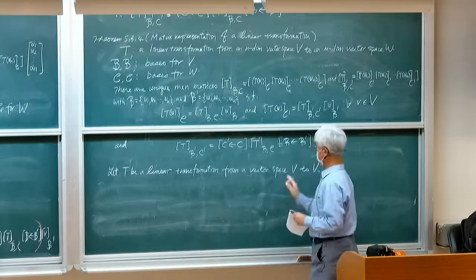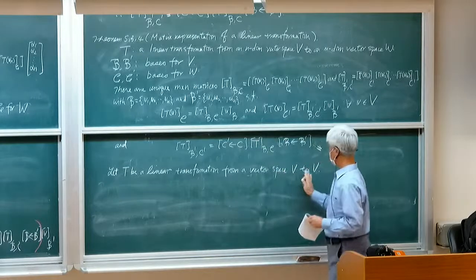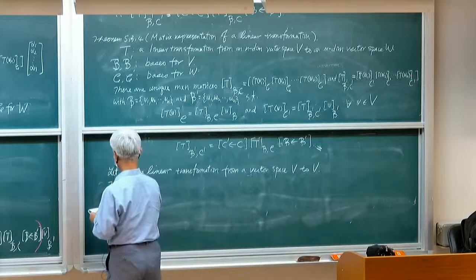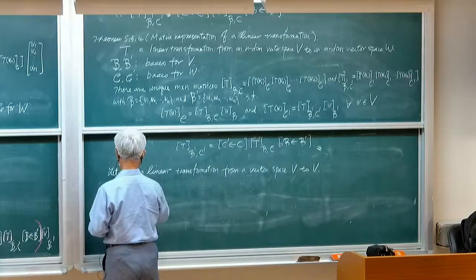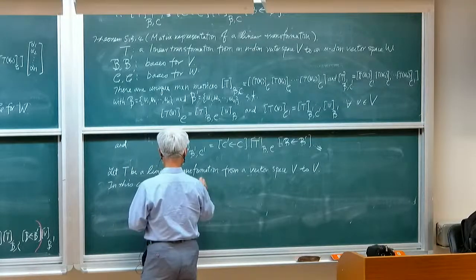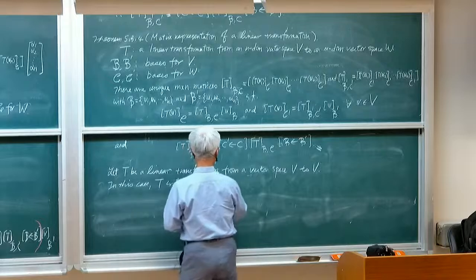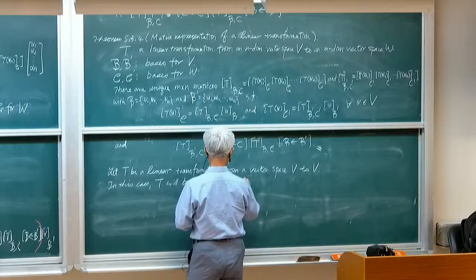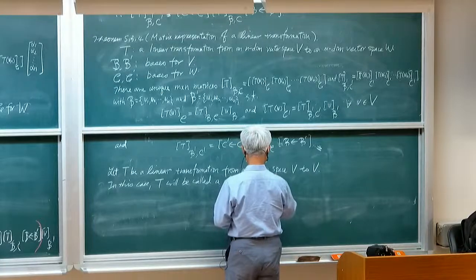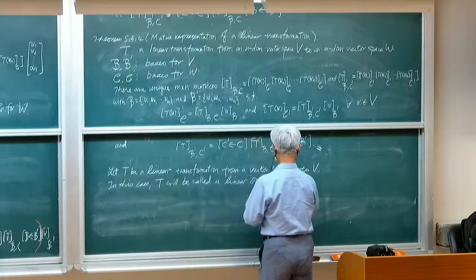Right? Suppose that the codomain and domain are the same. In this case, T will be called a linear operator on V.